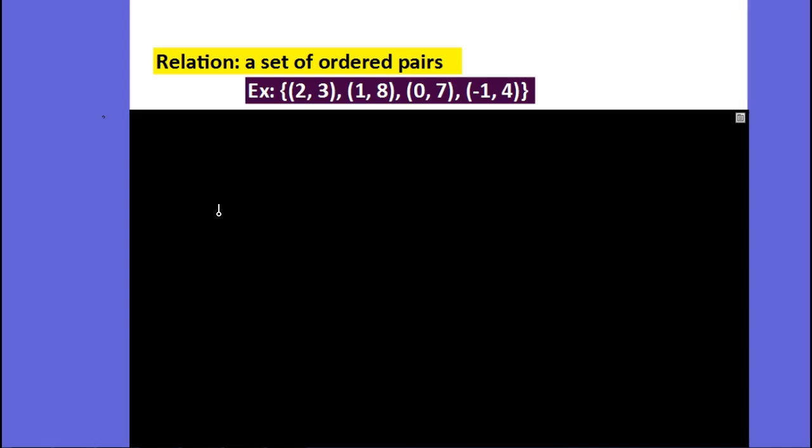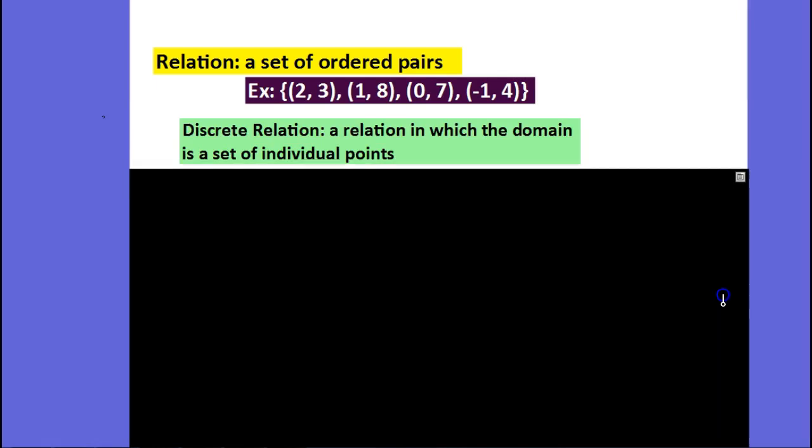Now we can define a relation as either discrete or continuous. Relations can actually be classified, but before we do that classification, we're going to talk about what the two mean. A discrete relation is a relation in which the domain is simply a set of individual points.